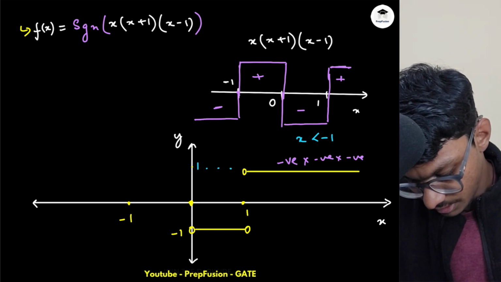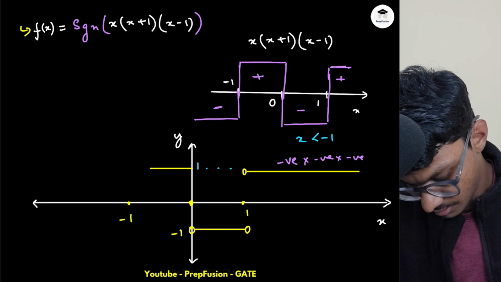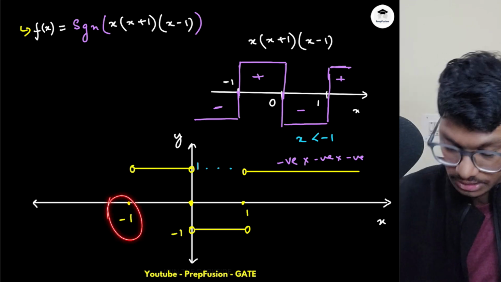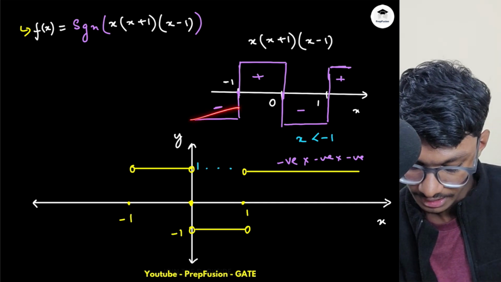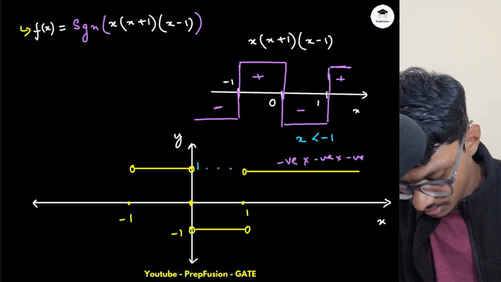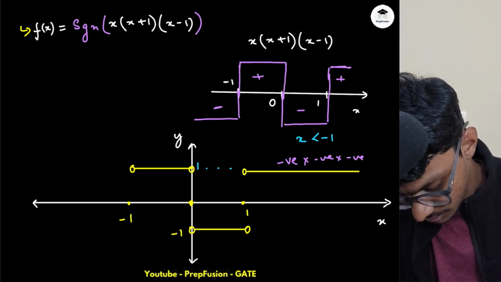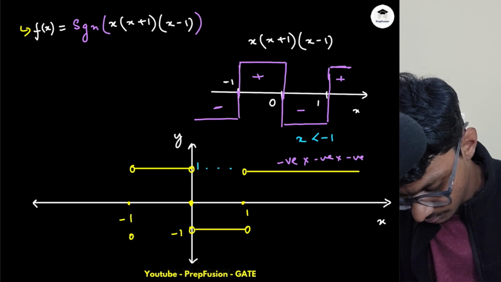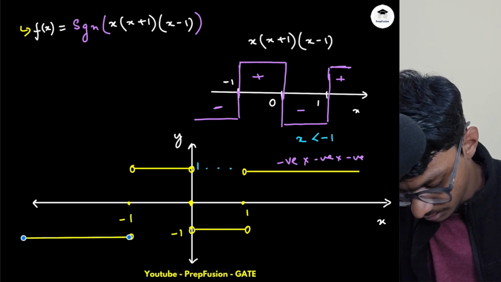And obviously there will be open circles here and here, because at x equals minus 1 it is 0, and then less than x equals minus 1 it is going negative. So it will be somewhere around here, and it will keep on going.